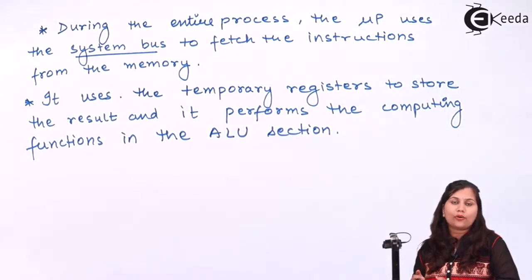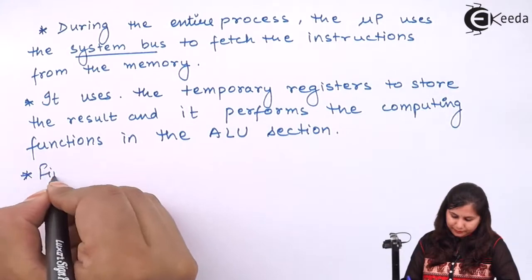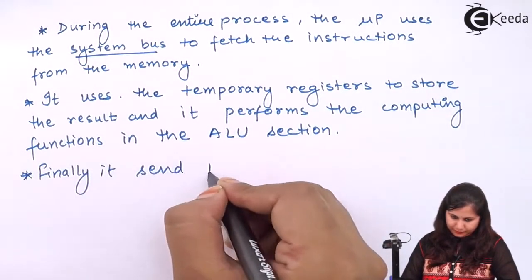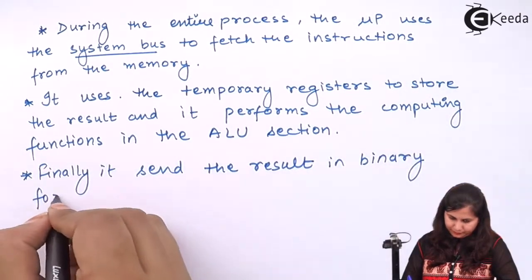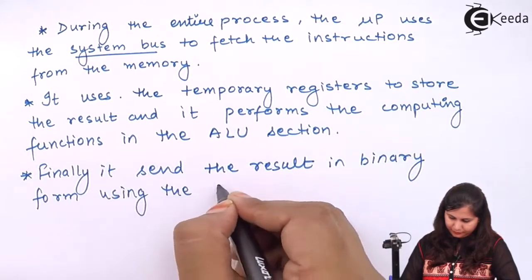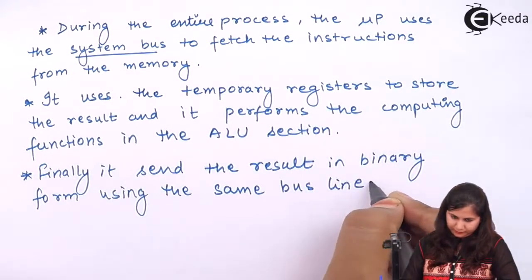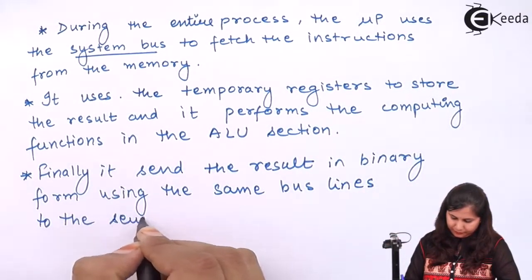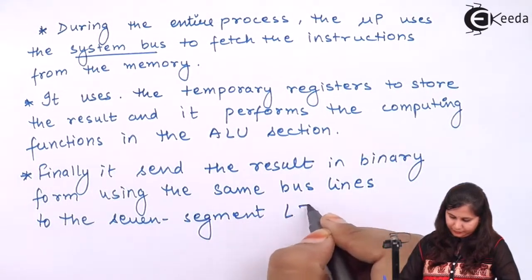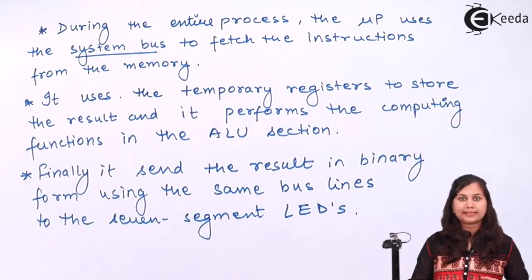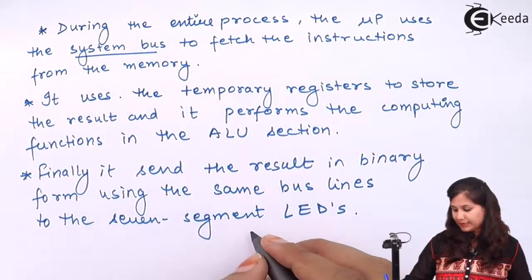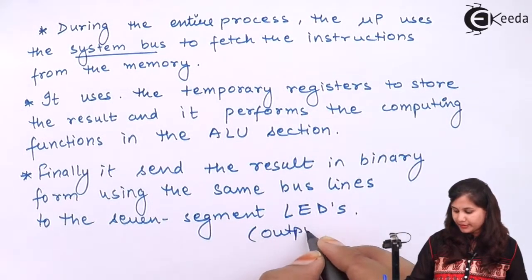And then it will provide the result of the operation on the output devices. It will display the result using the same bus lines to the 7 segment display, or we can say the output section.